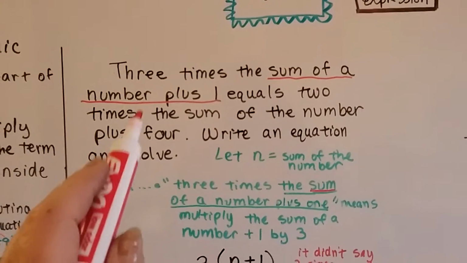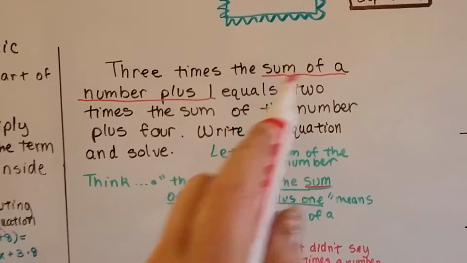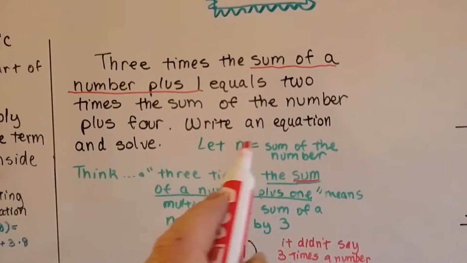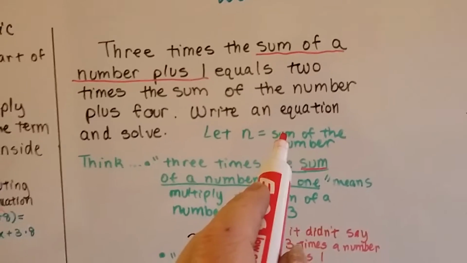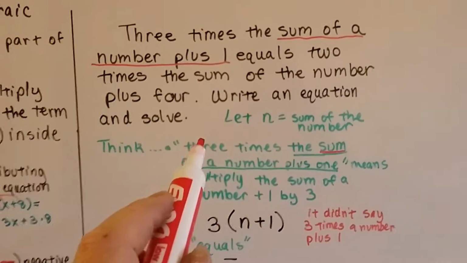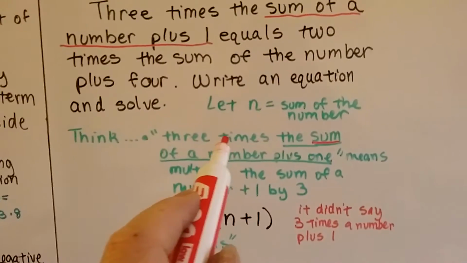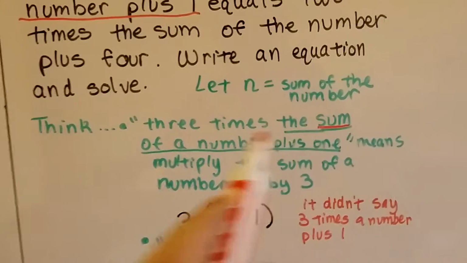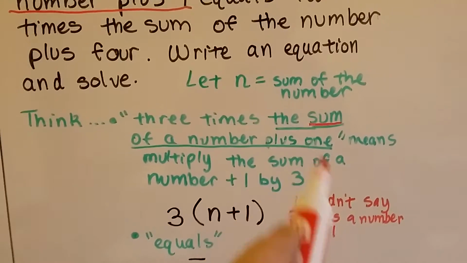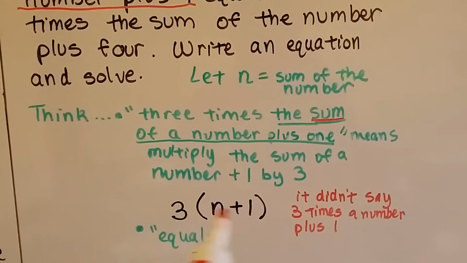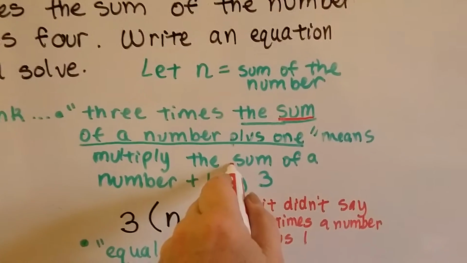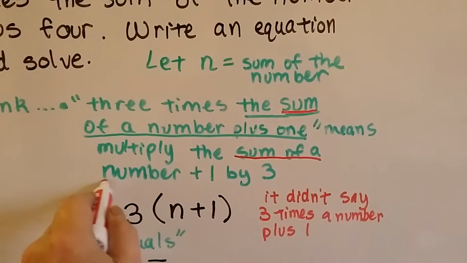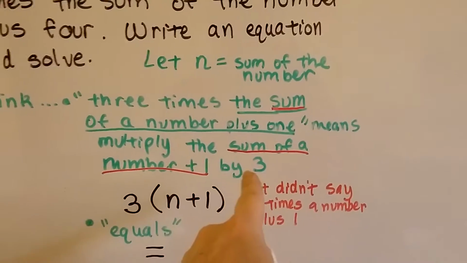So now we know there's 3 times the sum of a number plus 1. Because we're going to let n be the number, we're going to think, well, it says 3 times that. 3 times that n. But it says 3 times the sum of a number plus 1. That means we're going to multiply the sum of a number plus 1 by 3.